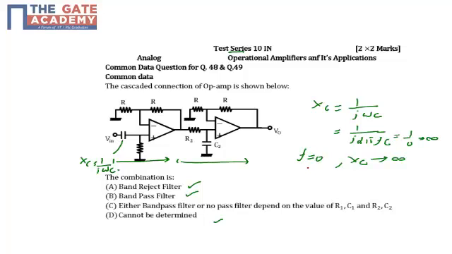For a very high frequency, my Xc will reach towards 0. It means that for high frequencies this capacitor will act as a short circuit, and for very small frequencies it will act as an open circuit.